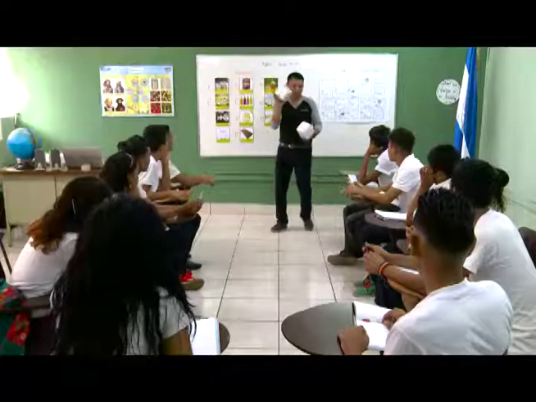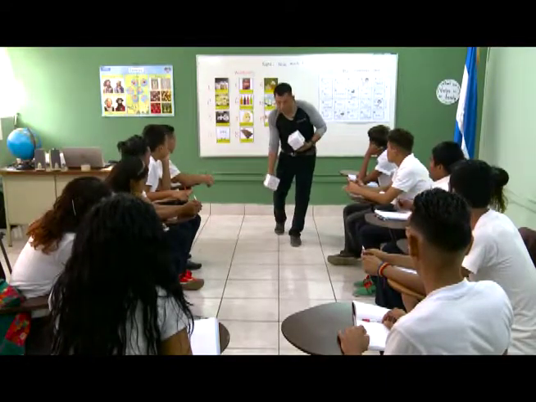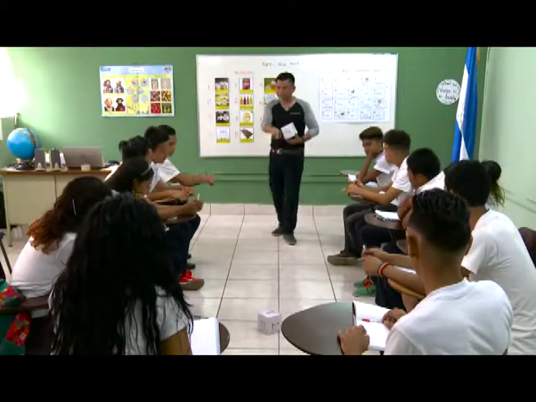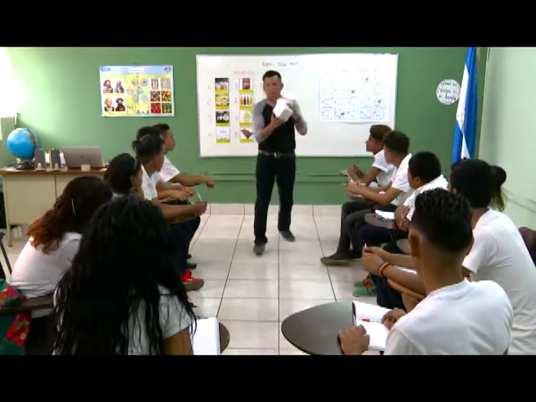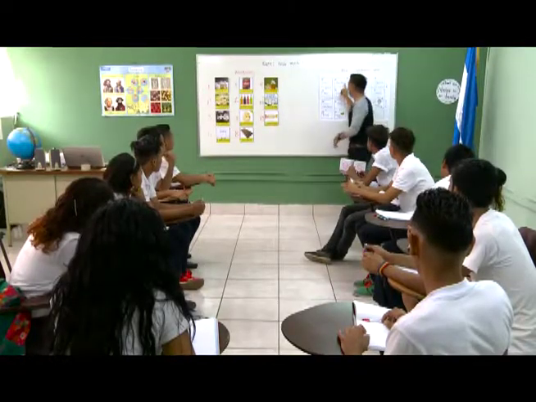For example, let's suppose that I'm going to throw the dice. What's that number? Okay. 1. So I'm going to move one space. And what do I have to do?